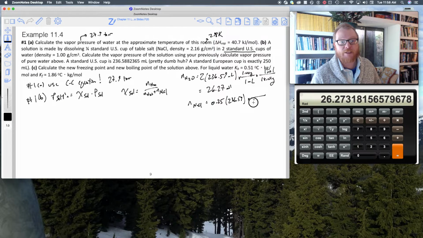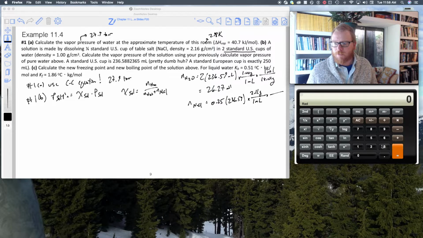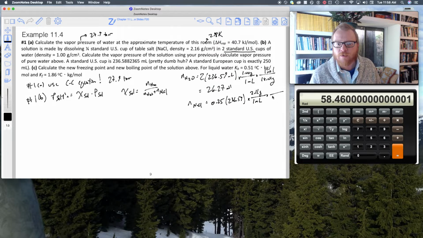The density of sodium chloride is 2.16 grams per 1 milliliter. And sodium chloride is, off the top of my head, chlorine is 35.45 plus sodium is 23.01. So 58.46 grams of sodium chloride in 1 mole.